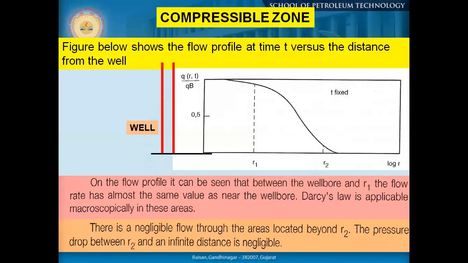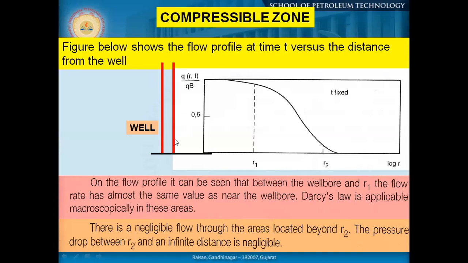If I give a simple idea, on the left side the demarcation is a well, and we are taking production from the well. Initially the production is from inside the wellbore. If I consider a drawdown only, initially the fluid will be removed from the wellbore itself.